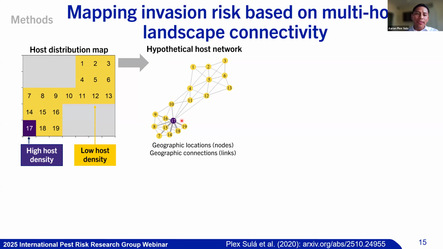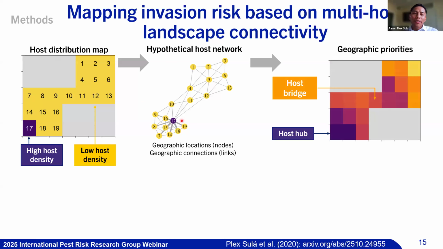Then we summarize back this information into maps to identify specific characteristics of the landscape that are important for surveillance. For example, identifying host hubs, which are those locations that are heavily connected to many other locations in the landscape.